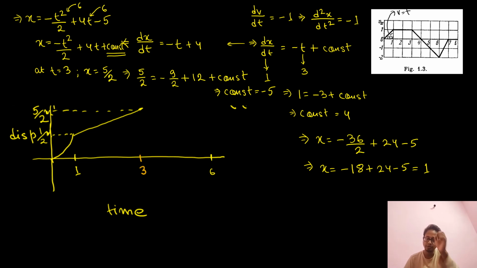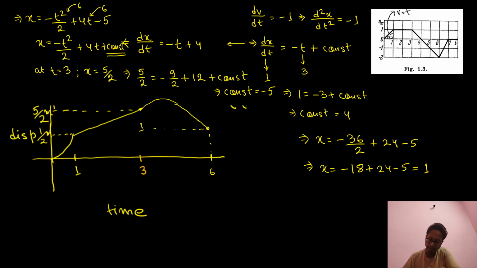Minus 23 plus 24 is equal to 1. So our graph would come somewhat parabolic, with x equal to 1 at point number 6. So out here the value of x is equal to 1.